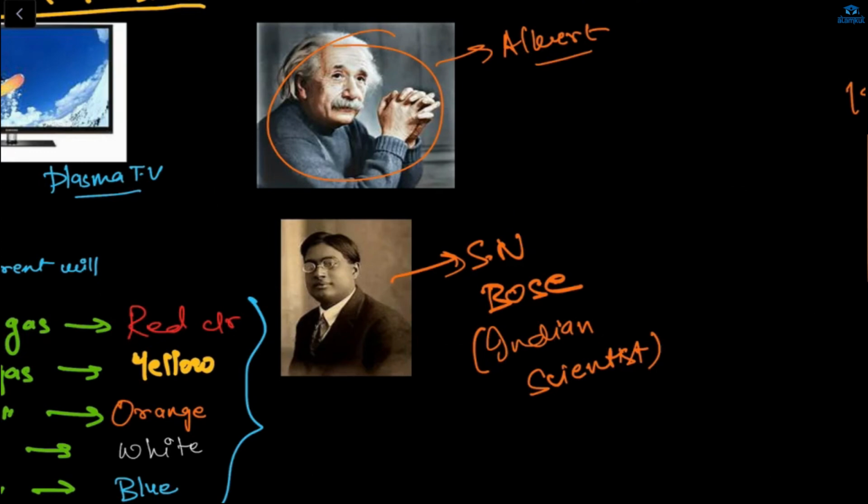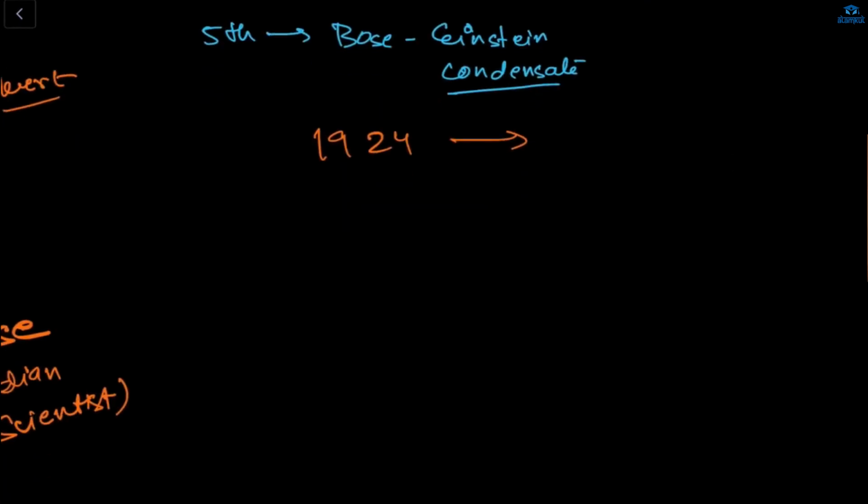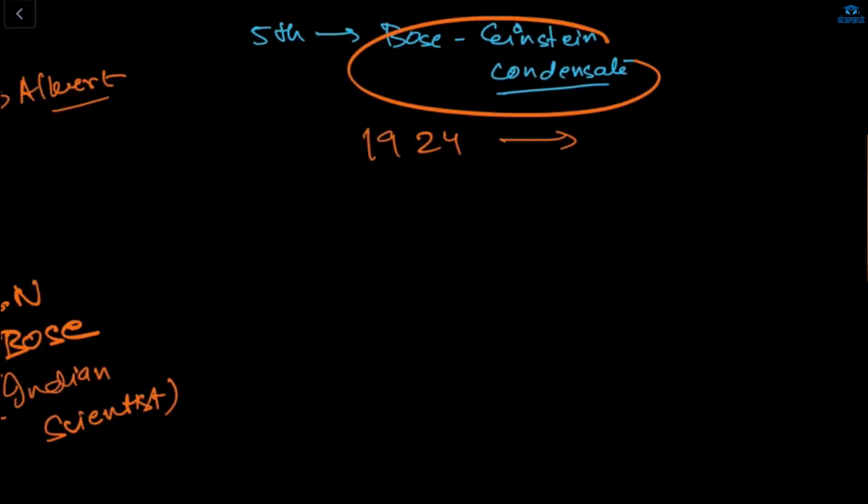Inside that letter, there was a research of statistics, and Albert Einstein worked on that research, and later he found the idea. There's also a fifth state of matter, and Einstein named it the Bose-Einstein condensate.